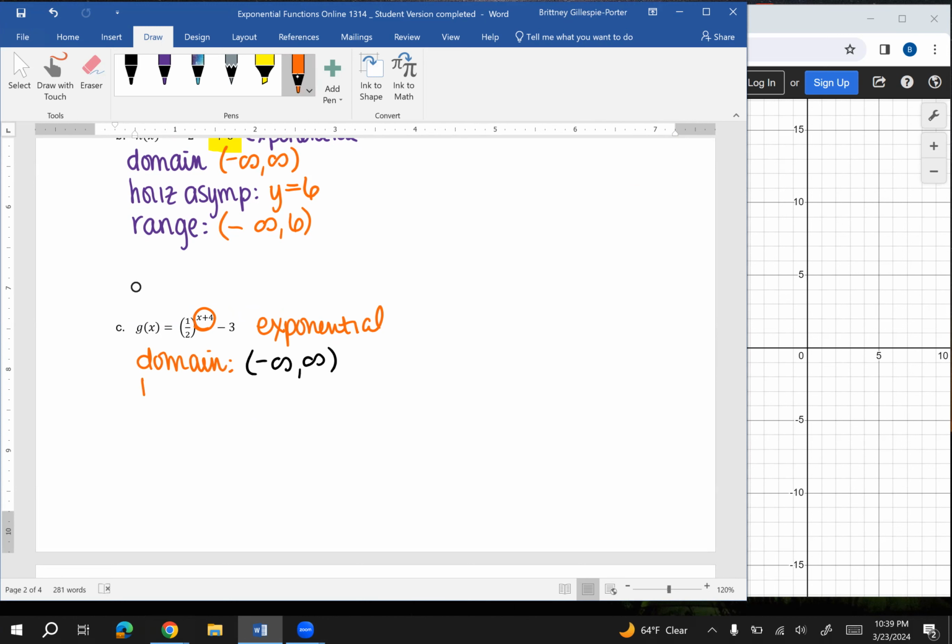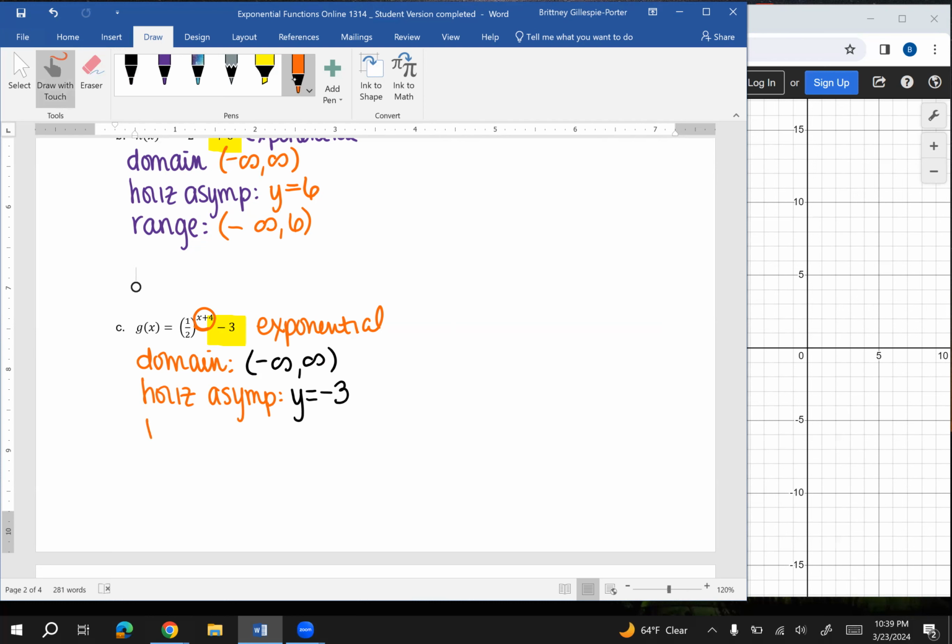We need to look for our horizontal asymptote next. Our horizontal asymptote, again, is whatever we add or subtract at the end after the exponential piece, which means we get y is equal to negative 3. You have to have the y equals, otherwise you don't have an asymptote. An asymptote is a line.